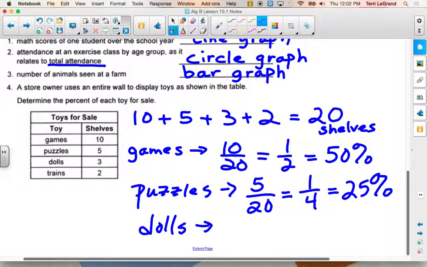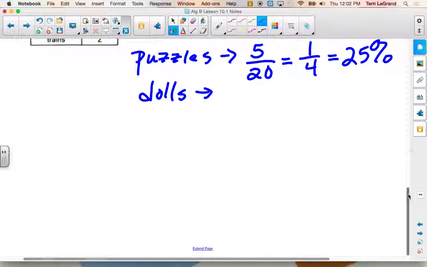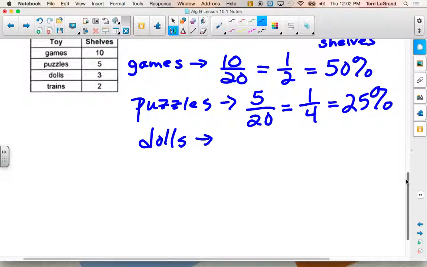Dolls, what are you going to start with? 3 over 20. That one doesn't simplify as a fraction, but here's a nice little trick. If you can multiply the bottom by something that will give you 100, what can you take? 20 can get multiplied by 5.